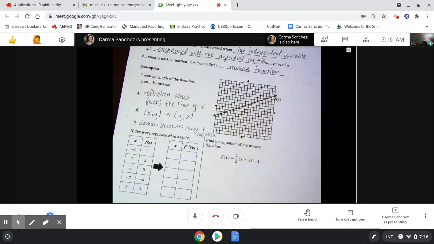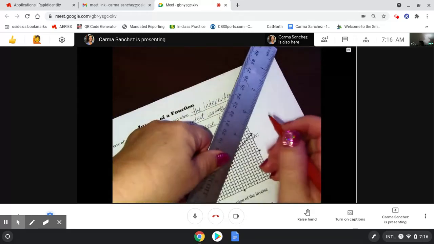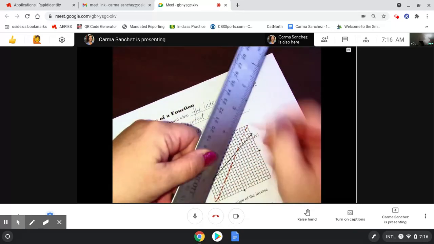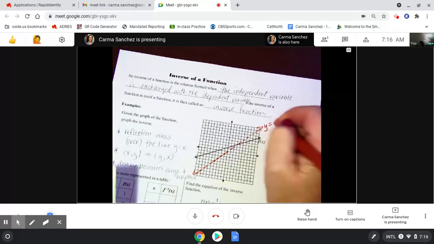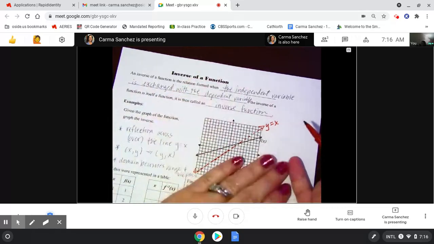So grabbing your rulers, connecting that reflection line, we're going to make it a dashed line. And that is the y equals x. This is the line that we're going to be reflecting the other line over.